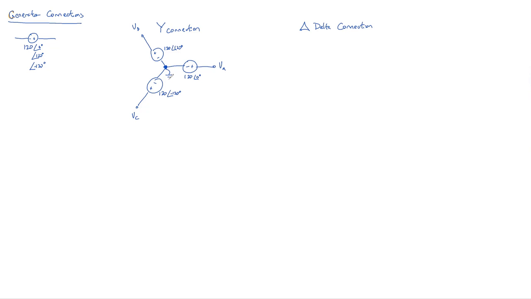There is another way that one could conceivably connect the generators. Remember, we said that these things look like 207 volts between the legs.